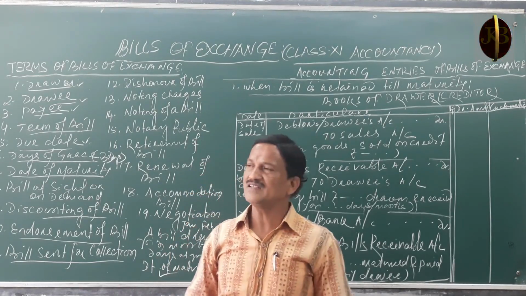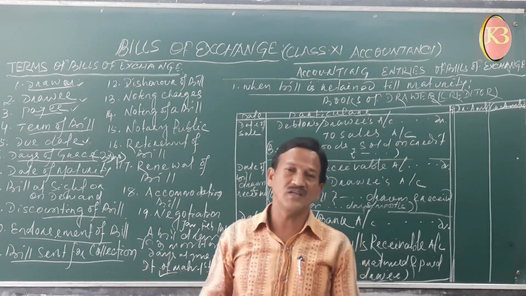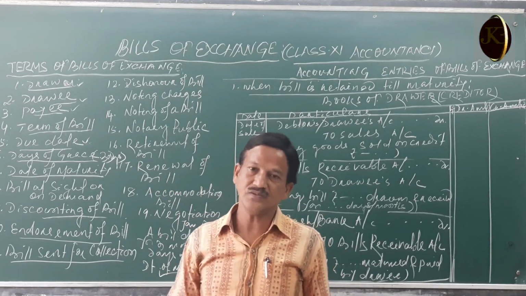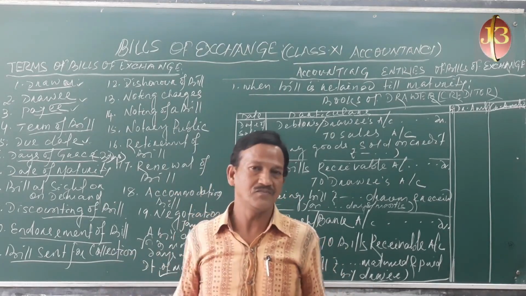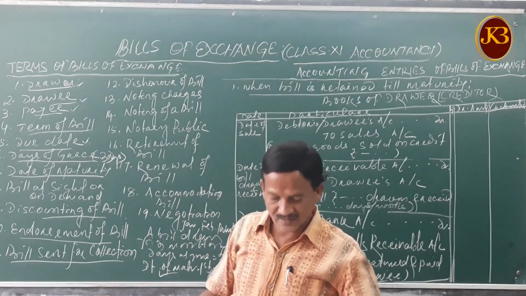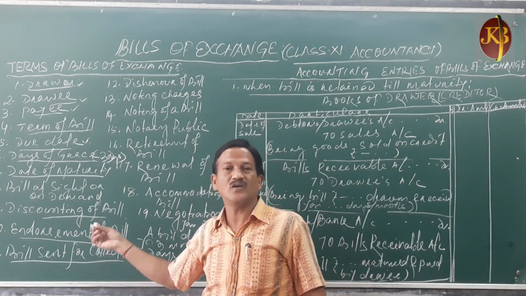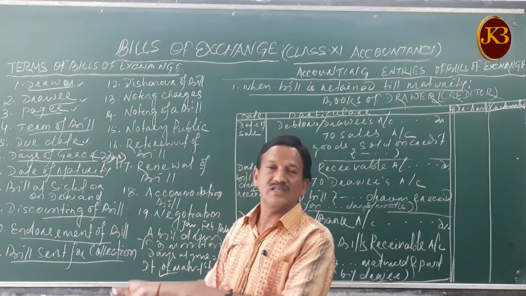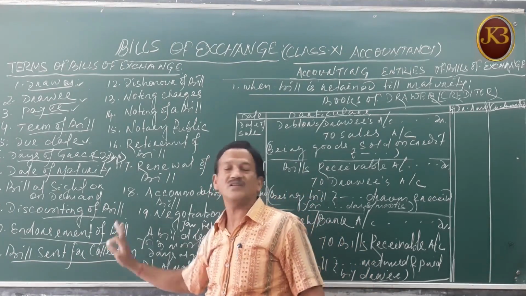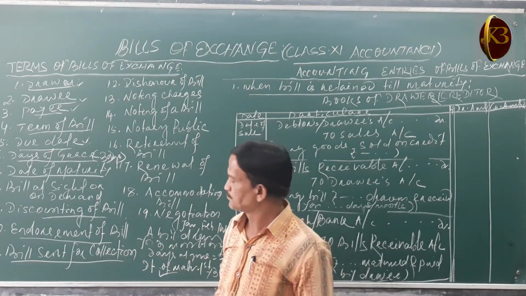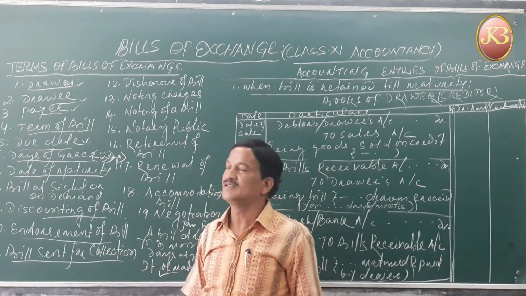It is just like receiving a check from somebody and depositing it in our account, and the bank collects the check amount. When the drawer sends the bill to the bank for collection and it is credited to his account, that is called bill sent for collection.